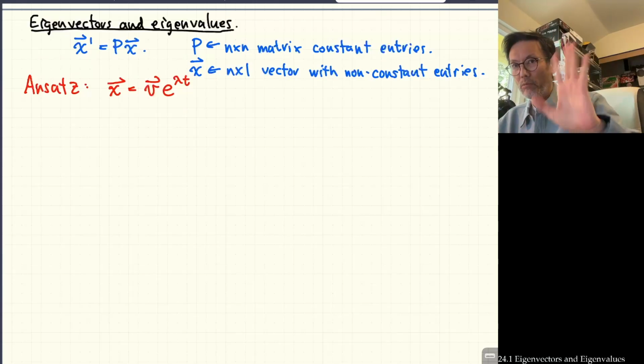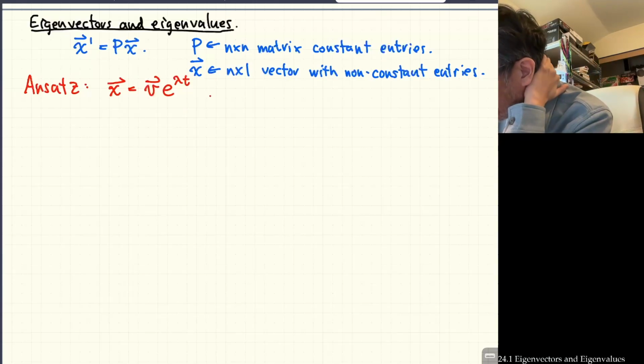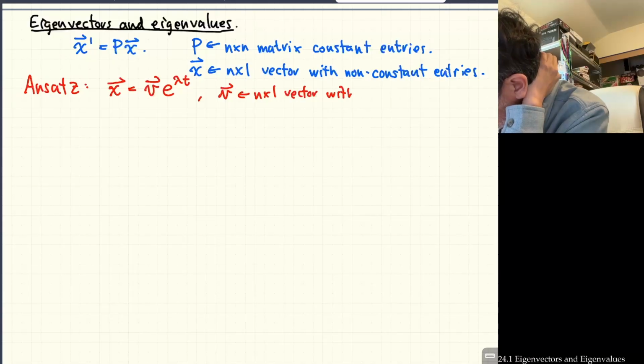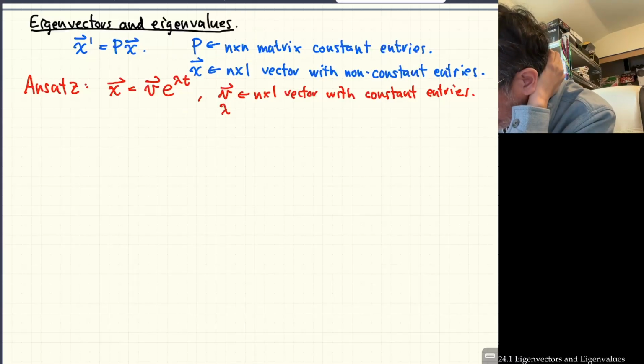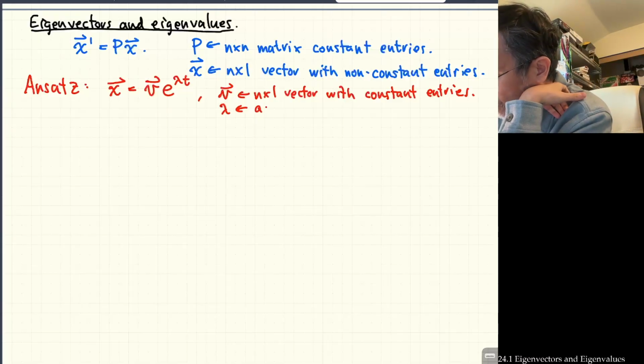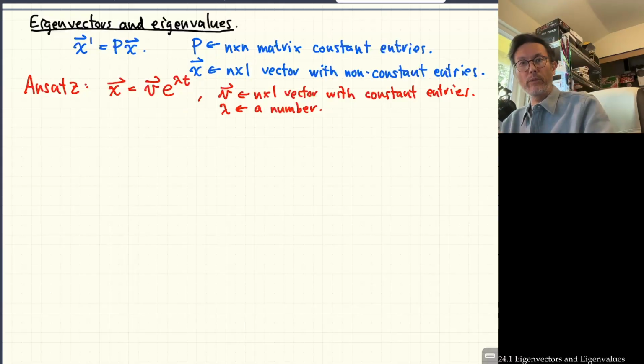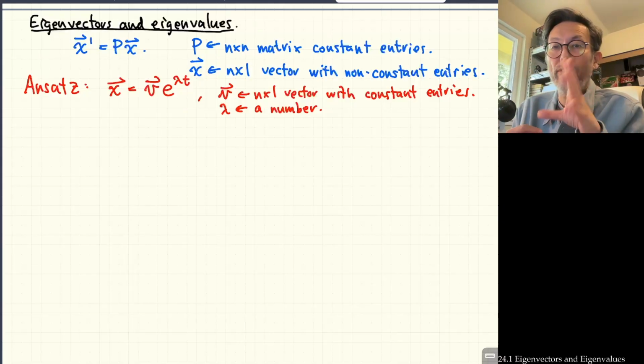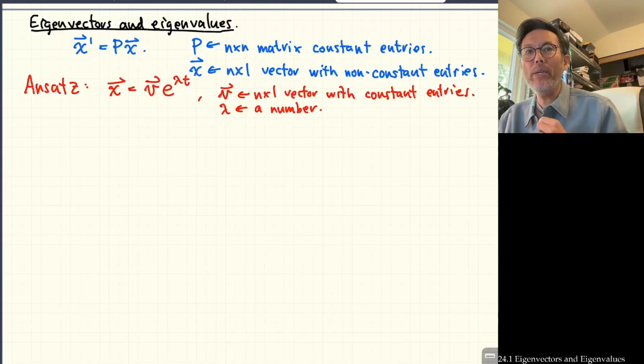I know there's a lot of letters here. v is going to be an n by 1 vector, and this will have constant entries. And lambda is going to be a real or complex number. It's just a number, a constant. Eventually we're going to learn that lambda will be what we call an eigenvalue of P.